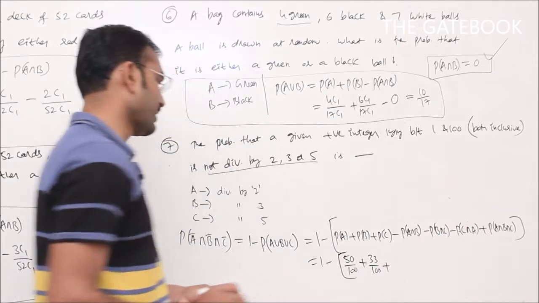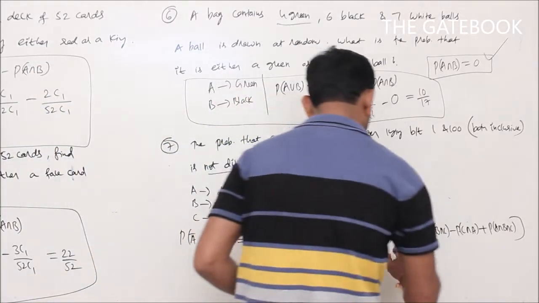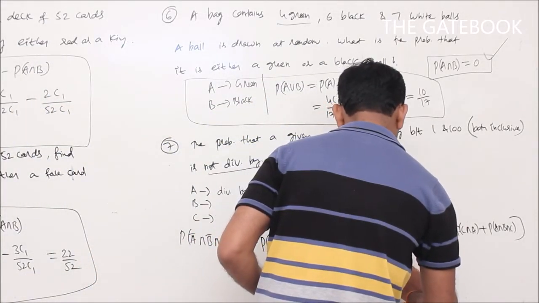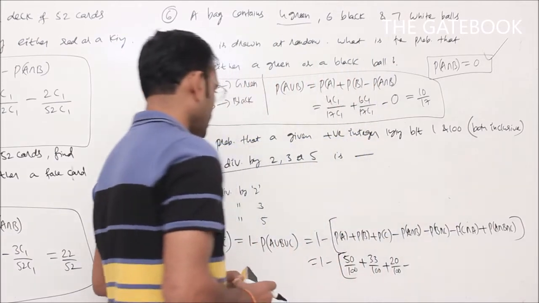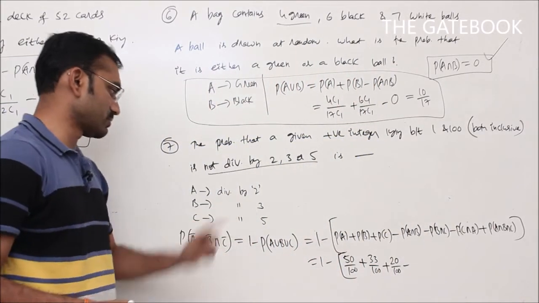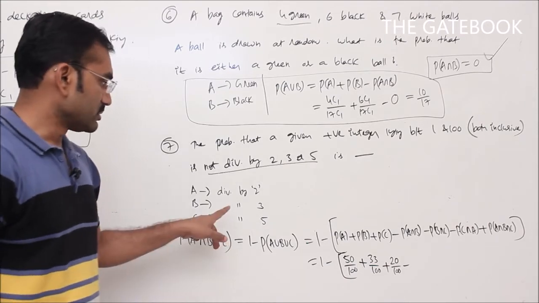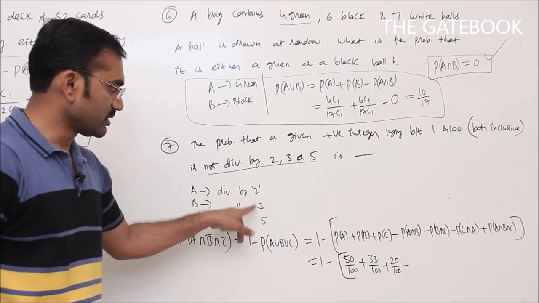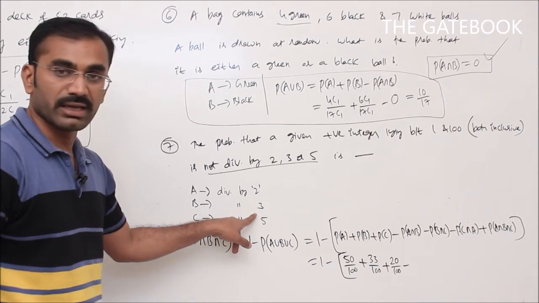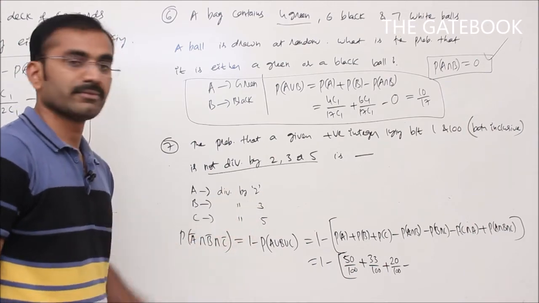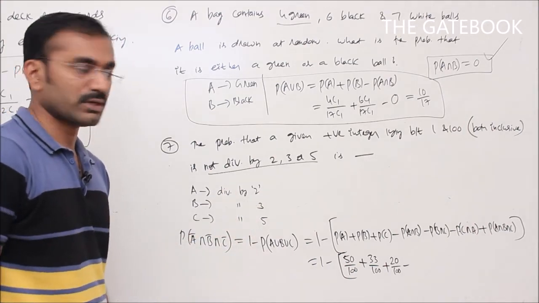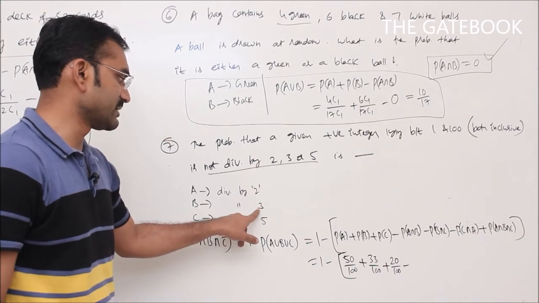Numbers divisible by 5, 20 are there, so 20 by 100, minus numbers which are divisible by 2 and 3 both. How can you find numbers divisible by 2 and 3 both? That number should be divisible by the LCM of 2 and 3. The LCM of 2 and 3 is 6.